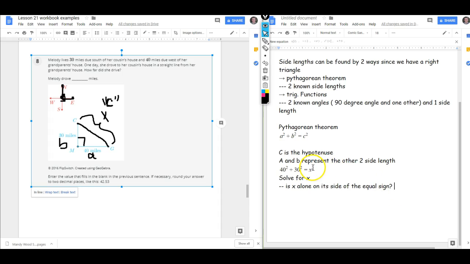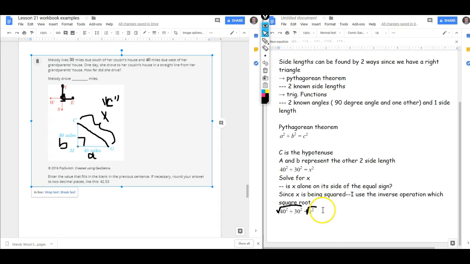It is being squared. Since x is being squared, I use the inverse operation. Most people call it the opposite operation. The inverse operation is the square root. So we would take the square root of both sides.